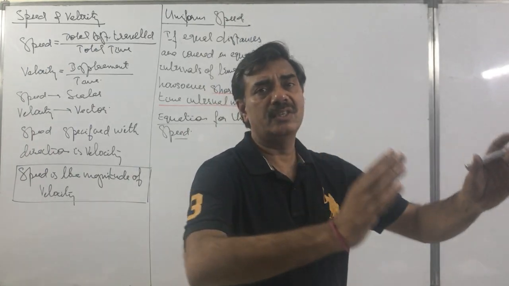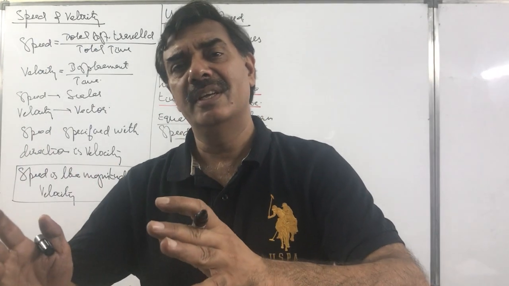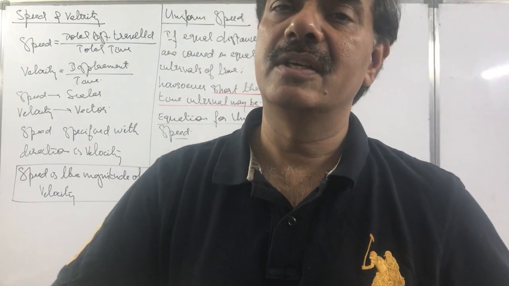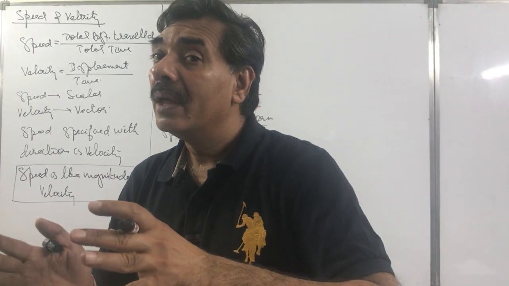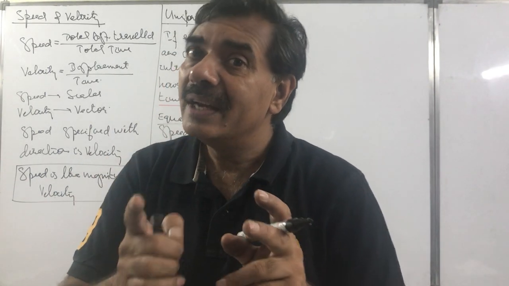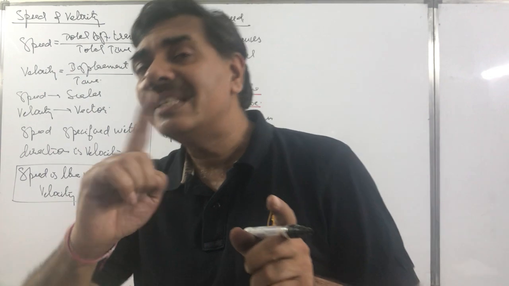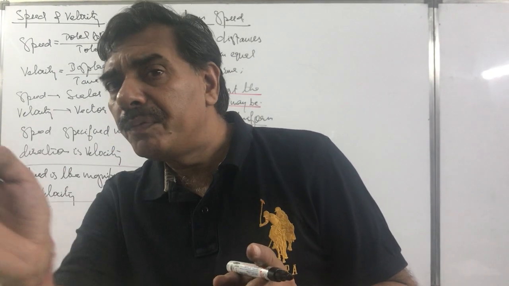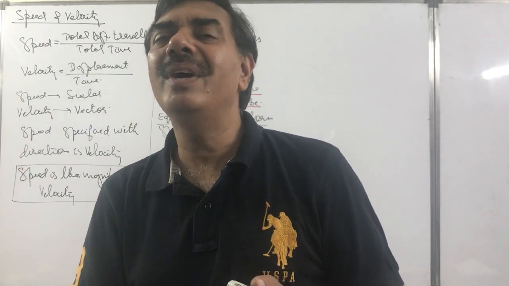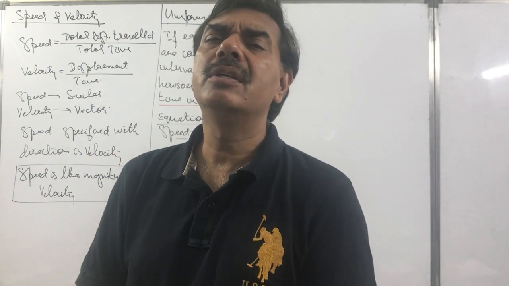We know that the distance traveled has been 50 meters in 5 seconds, and the speed is uniform. It means it must be covering 10 meters every second. किया कैसे? 50 over 5. Distance over time. यही इक्वेशन है.